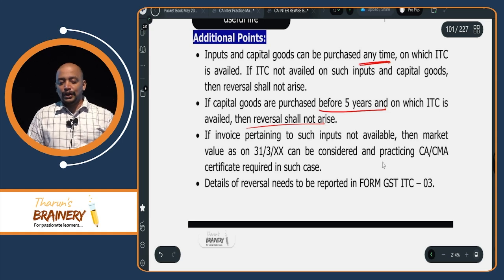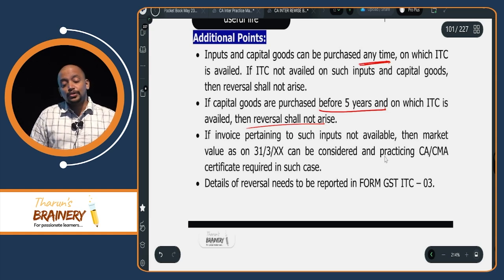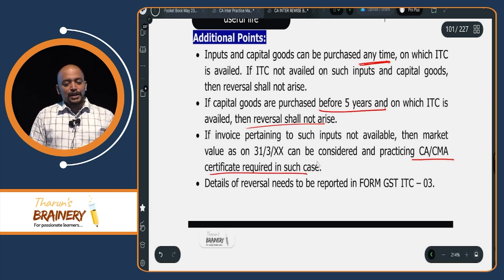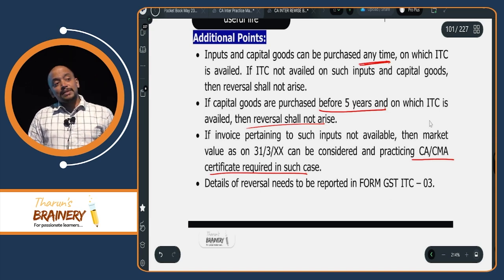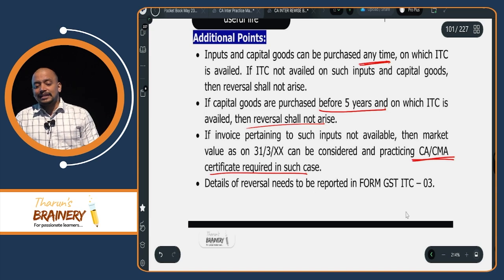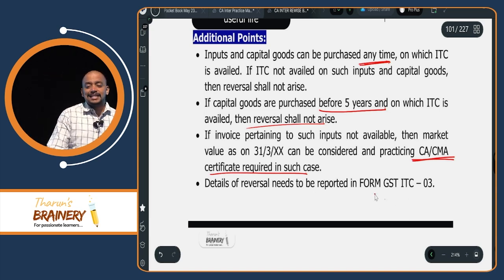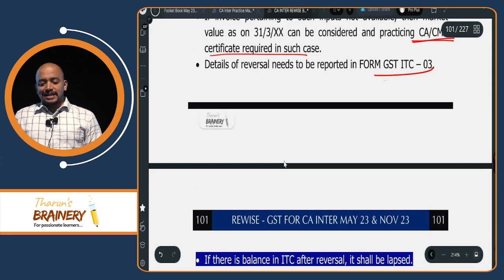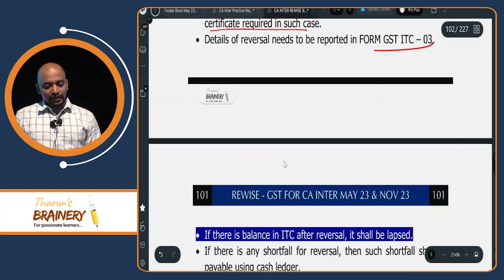You take the market value. How to determine the market value? Go to the CRCMA, they will tell. So if invoice value not available, then market value should be considered, and that market value will be fixed by CRCMA. And all these details should be reported in ITC 3. So ITC 3 is the form that is required for this.